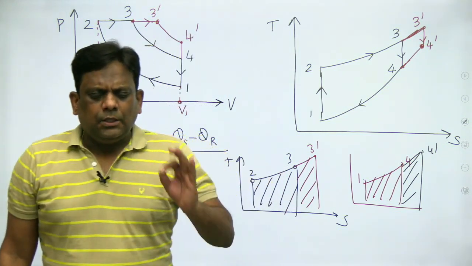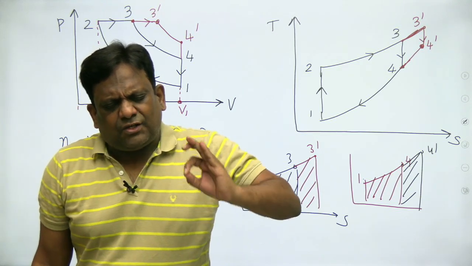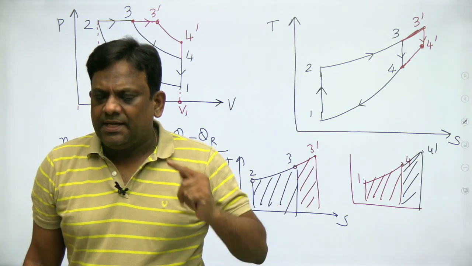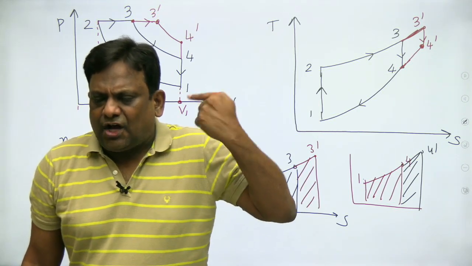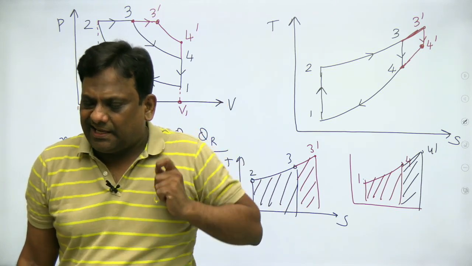Wonderful, my dear students. In interviews, if they ask you what is the effect of increase of cutoff ratio on the efficiency, your answer should be: sir, with increase in cutoff ratio, both heat supply and heat rejection increase.